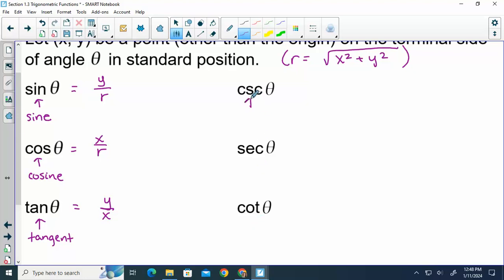The other 3 are reciprocals. This is cosecant, and it is the reciprocal of sine, so r divided by y.